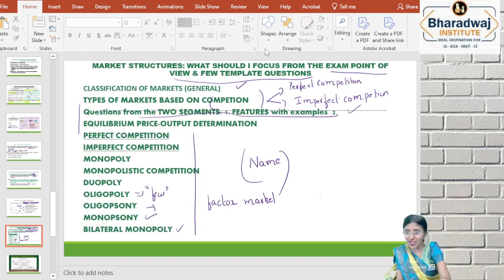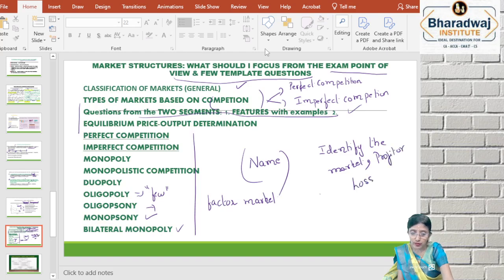And here, from the graph, identify the market, and identify whether it is profit or loss. Are you clear?